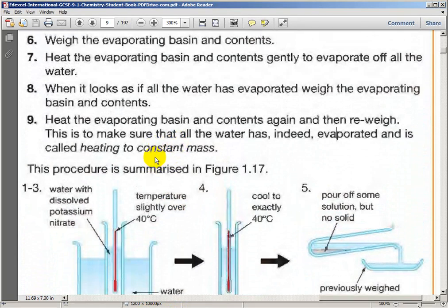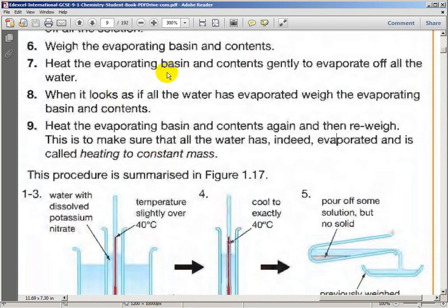In step 7, heat the evaporating basin and contents gently to evaporate off all the water. When it looks as if all water has evaporated, weigh the evaporating basin and contents.